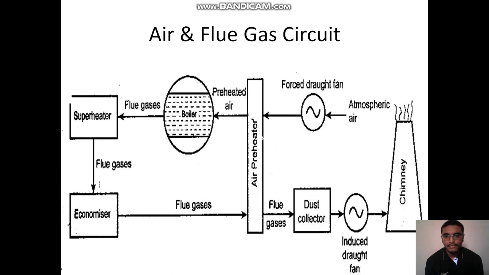This is the air and flue gas circuit. As the fan draws in air, which is to be supplied to the boiler, on the way it gets heated by the air preheater through the flue gases. Now, from where do the flue gases come? The boiler leaves out flue gases, which heat the water in the economizer and heat the air in the air preheater.